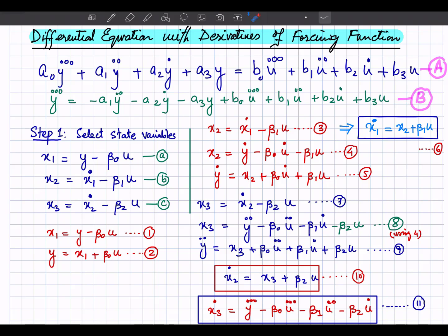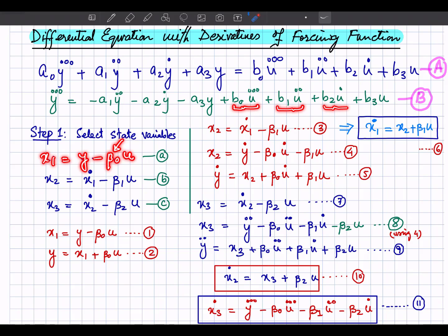Now the first step is to define the state variables. So we will define state variables in such a way that the derivative terms of the forcing function become 0. Okay, let's assume that our first state variable is x1, that is equal to y minus beta naught into u, where this beta naught is the constant, and this constant later on will be described in such a way that the derivative terms of your forcing functions becomes 0.